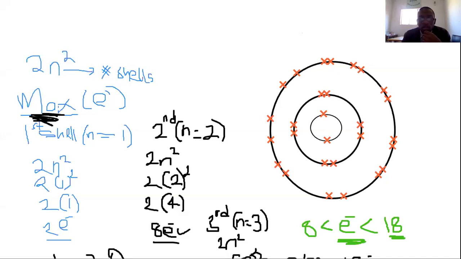Let me clear this. I will start with the basic one, and the basic one is hydrogen. When you check hydrogen on the periodic table, it is 1, 1. Therefore, your P for hydrogen, which is equal to the E, is equal to 1.